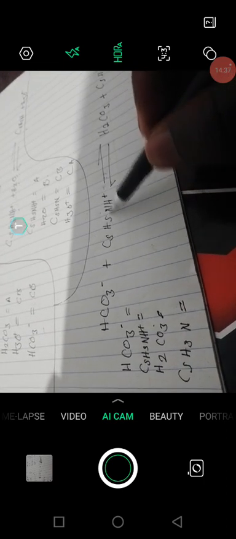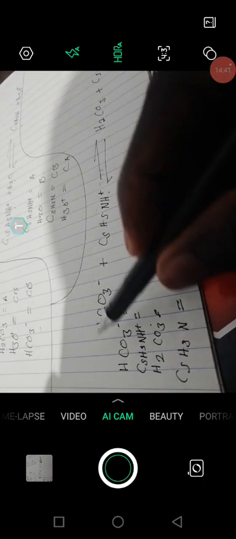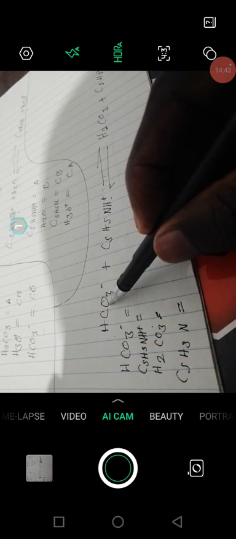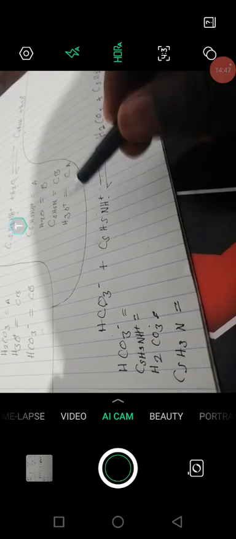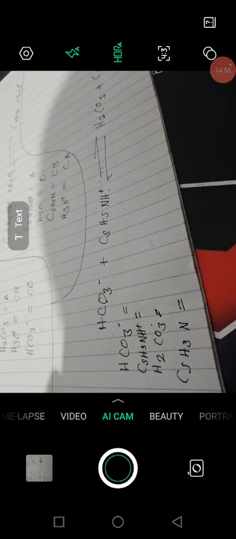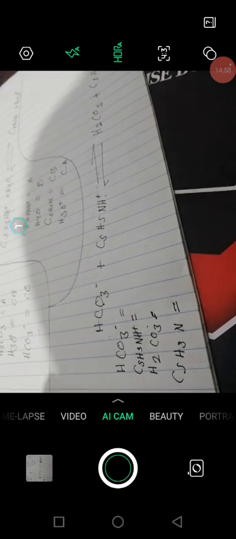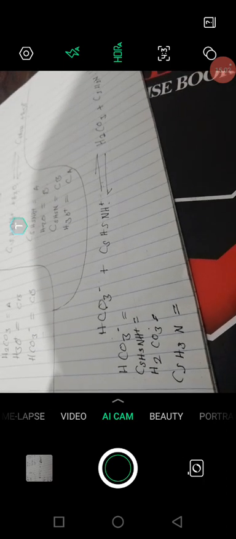Right? So if you look very properly, C5H5NH+ has given a proton to what? Hydrogen carbonate. Hence, hydrogen carbonate changes from negative to neutral.